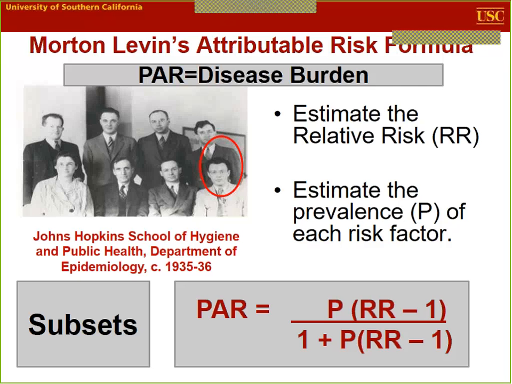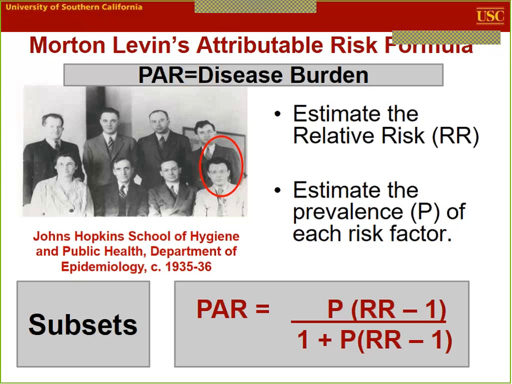So there's the formula, PAR, population attributable risk. It depends on the relative risk of whatever the factor is, smoking, say, and P, the prevalence of exposure. It's a very simple formula. And you can see that as either P rises or RR rises, then the burden of disease goes up.